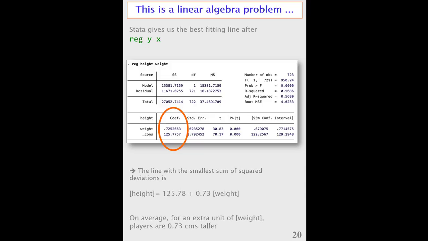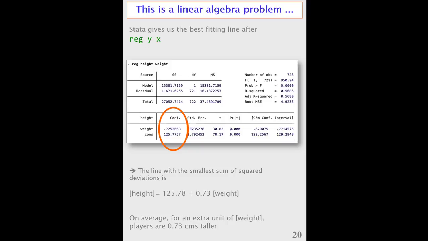So the line that we fit through the cloud of dots looks like this: height equals 125.78 plus 0.73 times weight. The easy interpretation is that, assuming weight is measured in kilos, an extra kilo in all likelihood gives you 0.73 centimeters extra on average in the data that we have.